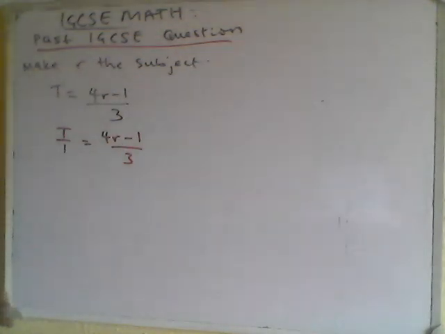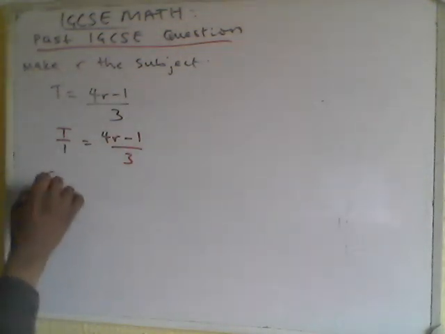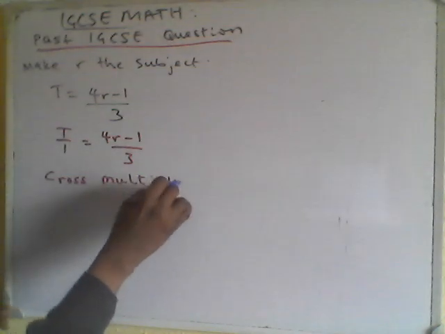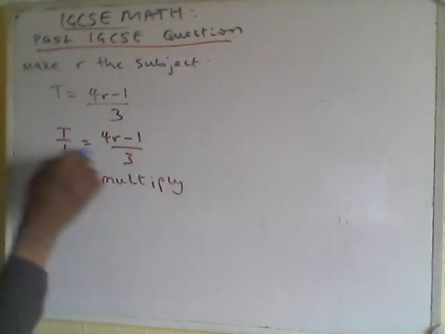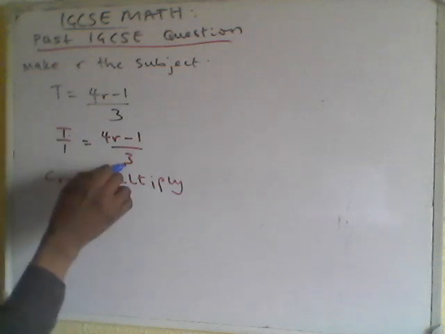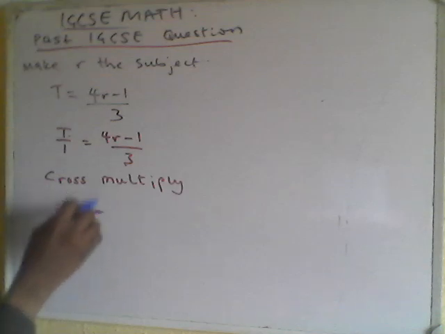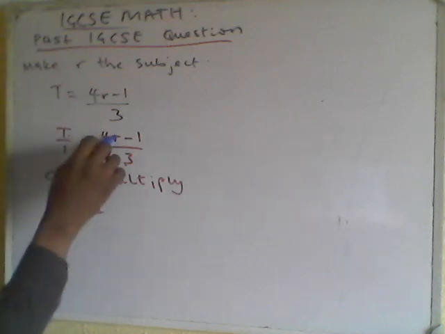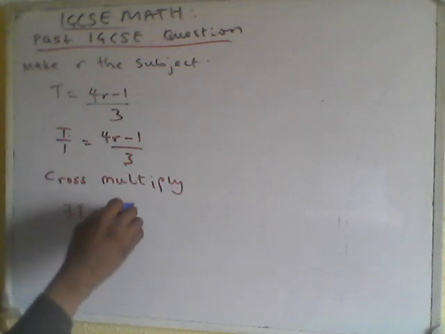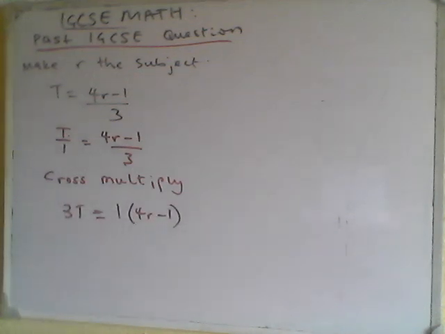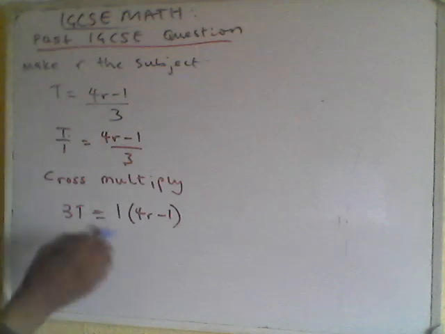So the first thing I have to do to make them linear is to cross multiply. Mind you, in cross multiplication, this numerator here multiplies the denominator here. So I have 3t is equals to this denominator here multiplies the numerator here, 1 open bracket 4r minus 1. Okay, so at this point I will just open the bracket up.